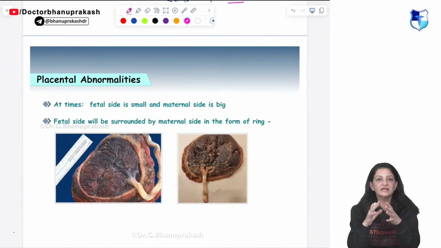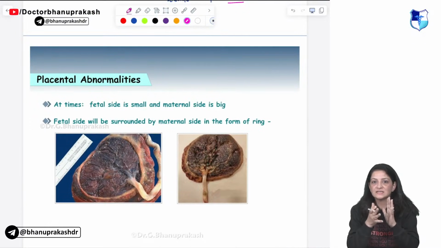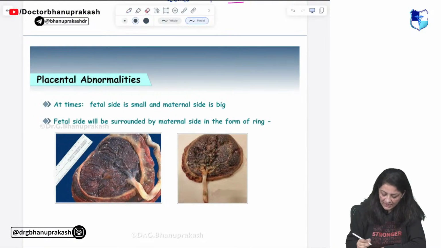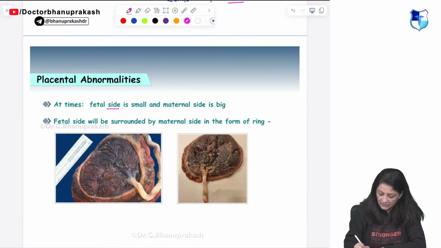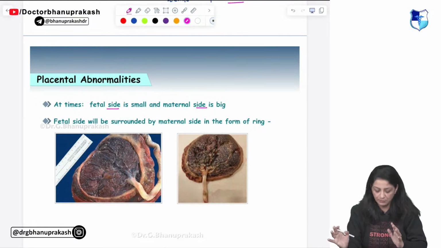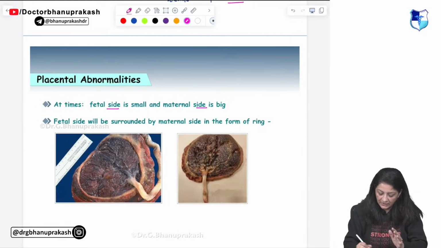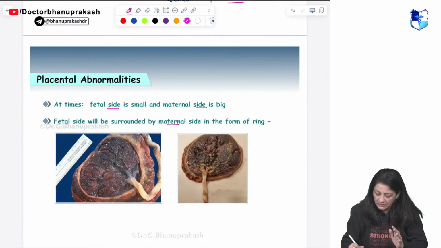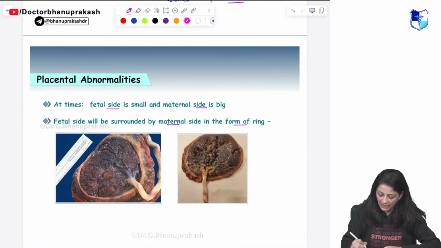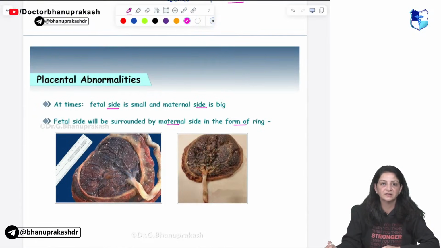Normally the fetal surface and maternal surface are both equal, but in this condition the fetal side is smaller than the maternal side. The fetal side is small and the maternal side is big, and the fetal side is surrounded by the maternal side in the form of a ring. So this is called extrachorial placenta.